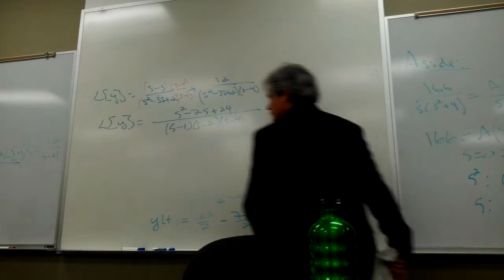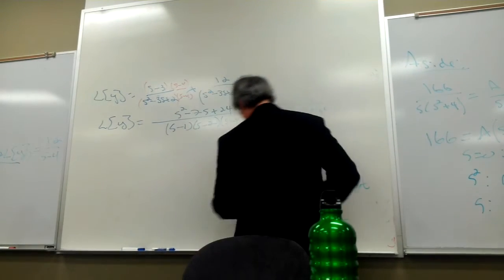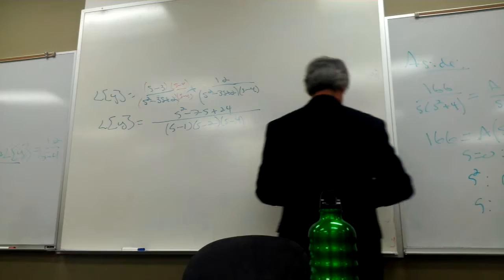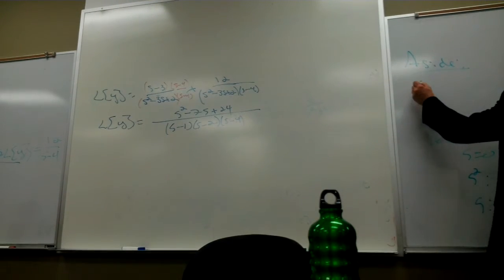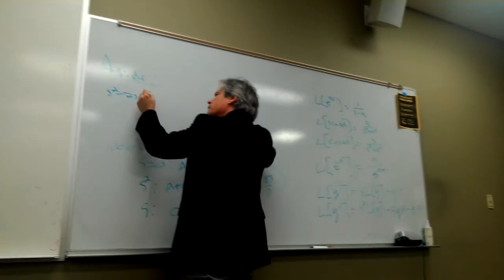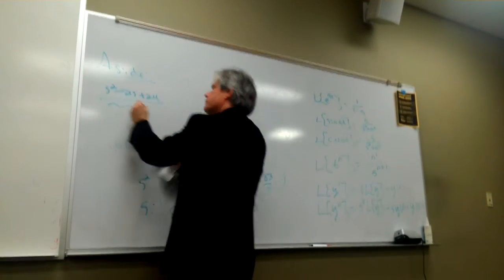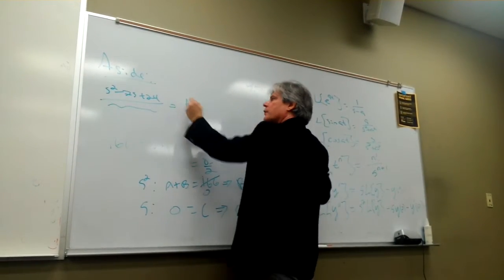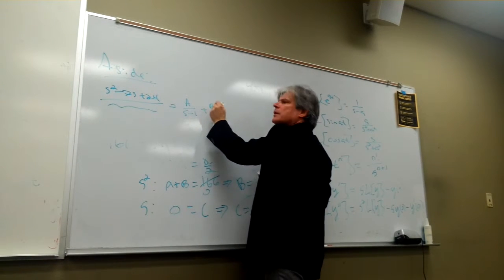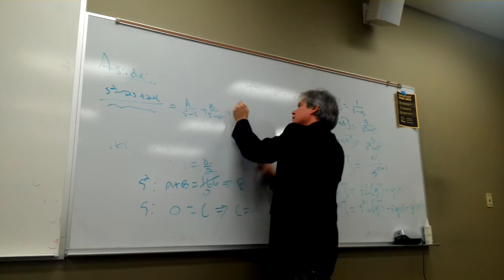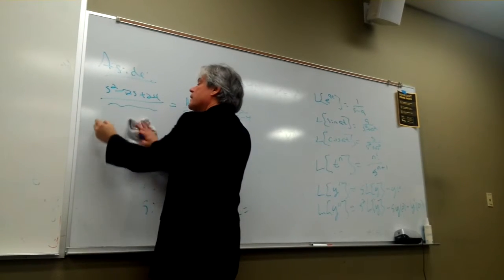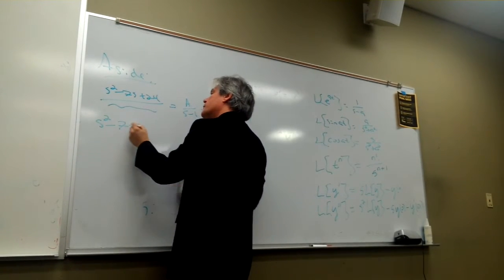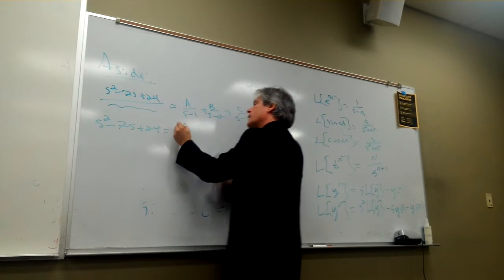And then, pulling out my nifty piece of scratch paper, I see that my s squared minus 7s plus 24 over all that is equal to a over s minus 1, plus b over s minus 2, plus c over s minus 4. And ridding myself of fractions, that leaves me with my trinomial upstairs being equal to this mess.